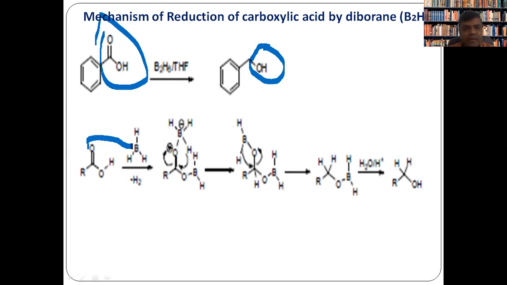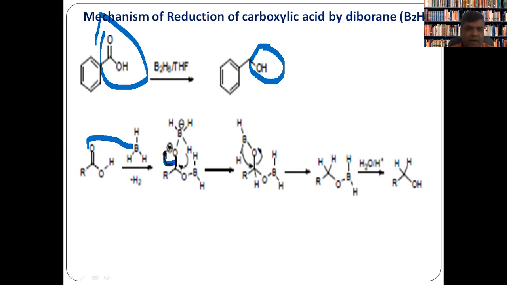Oxygen now has the positive charge because it loses its lone pair. Now, after formation of this borate complex, oxygen will gain its lone pair from the pi bond between carbon and oxygen, that is the carbonyl group. In this way, oxygen gains its lone pair.